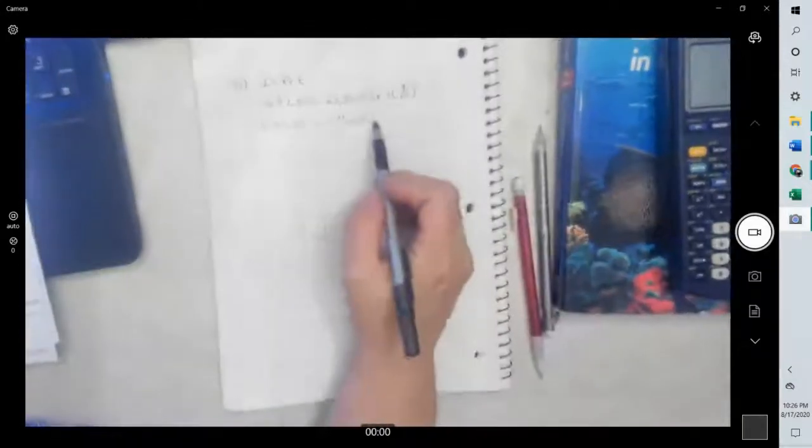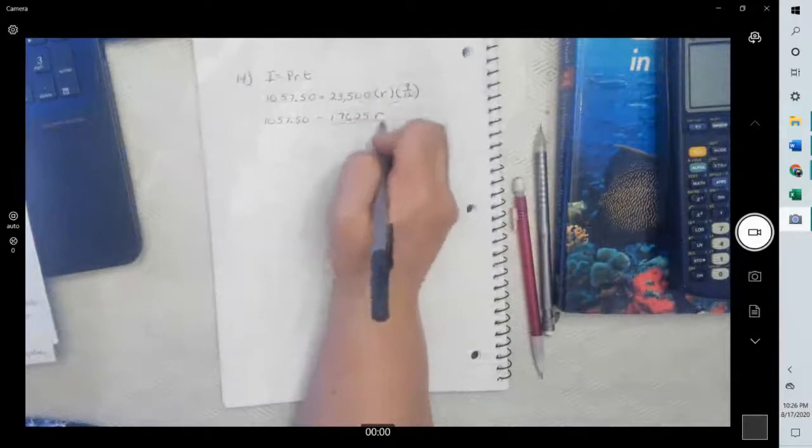This one we're multiplying, so do the opposite, divide it.